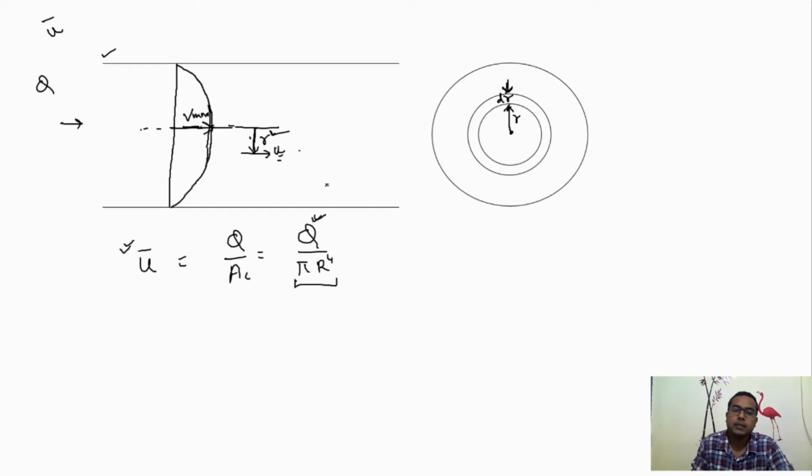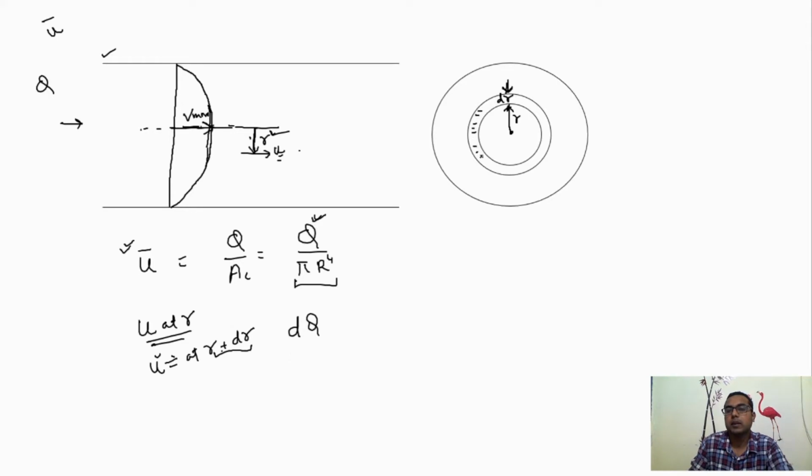So what will happen? We know the local velocity at r. So u would be almost constant between r and r plus delta r. In this region we can assume that u is almost constant. So we can calculate the discharge from that elementary ring, as I have shown here.